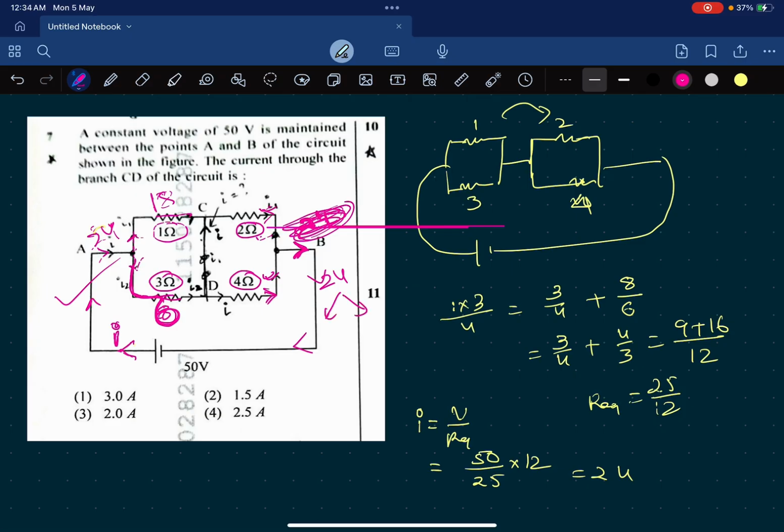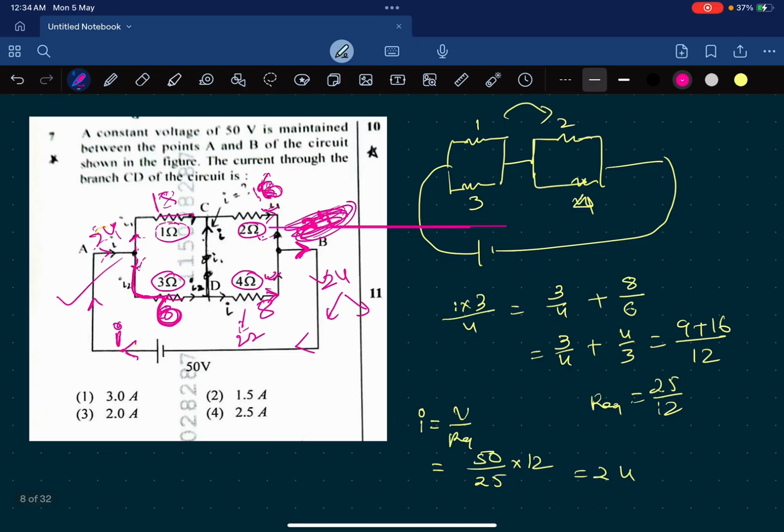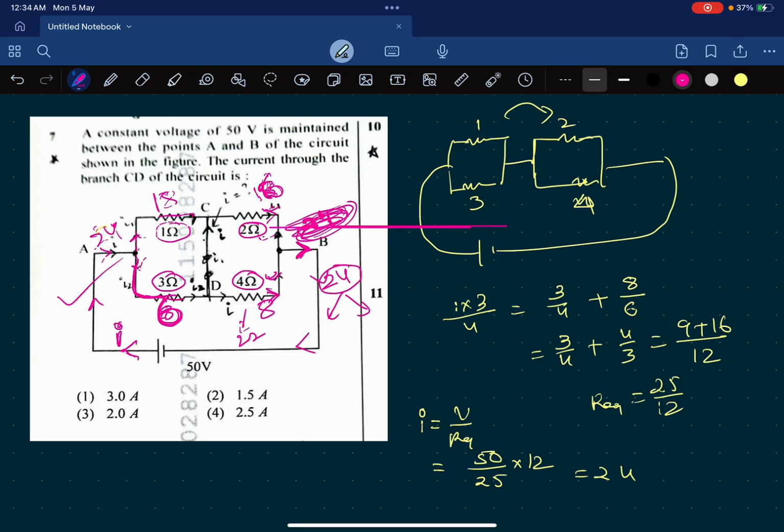So if I divide this 24 into 3 parts, 2 parts will go this way, 8 plus 8, 16, and 1 part will go this way, which is 18. Sorry, 16 is there, this way 18 will come.